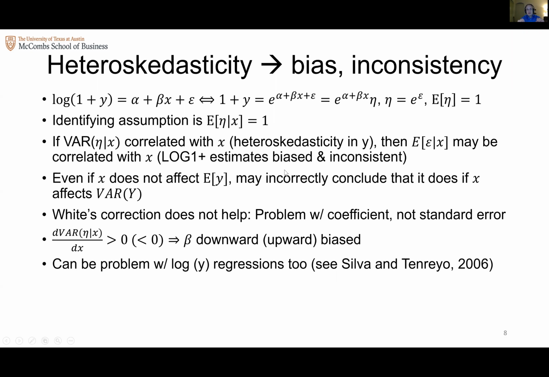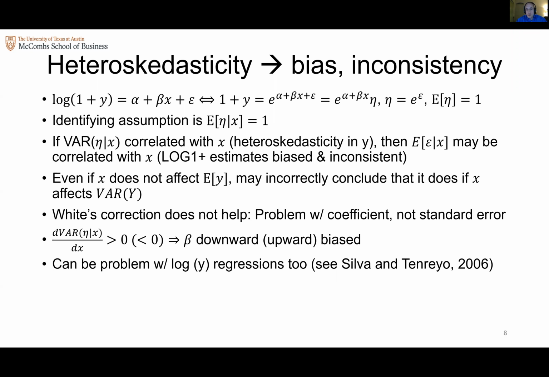So the identifying assumption here is that the etas, these multiplicative error terms, are uncorrelated with the x's. The problem is that if the variance of eta as a function of x is correlated with the x's, if we have heteroskedasticity in the y's themselves, then this error term may effectively become correlated with the x's.